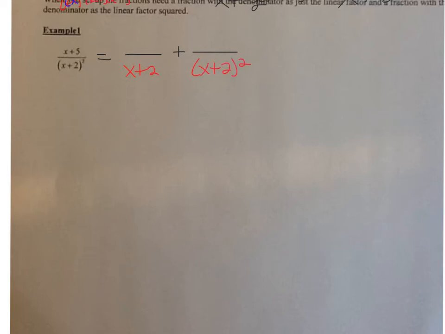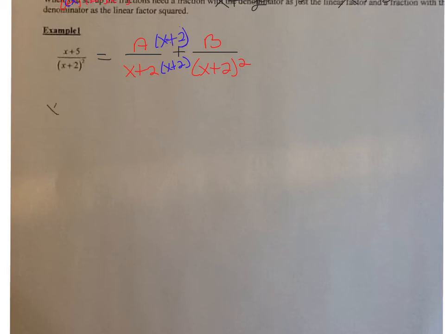Okay, so in the numerator here I'll have an a, and in the numerator here I will have a b. So this denominator here, in order for it to be the same as this, I need to multiply this denominator by x plus 2, because we have 2 of them. And multiply that in the numerator, x plus 2.